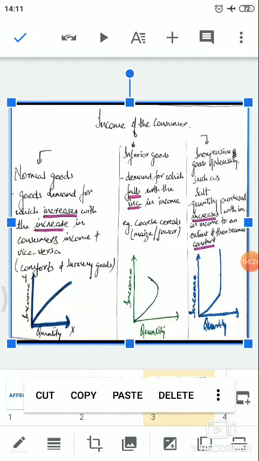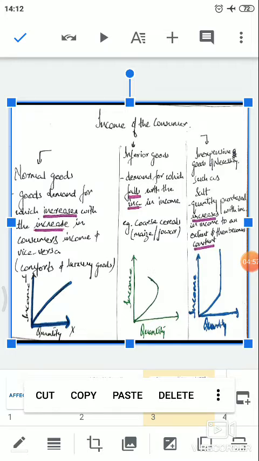Now, what happens when the income increases? The demand for this may increase to a certain extent, not too much, only a small extent. But after that, it becomes constant, no matter what your income becomes. After this level of consumption, you will not want to increase the consumption. You will add salt into the vegetables. You will not add vegetables into the salt.